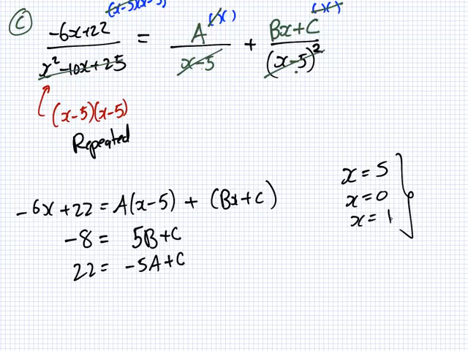And then if I put in 1, I could get 16 equals minus 4a plus b plus c. And then you have 3 equations. You could subtract these to make an a, b equation, and you could subtract these to make another a, b equation.